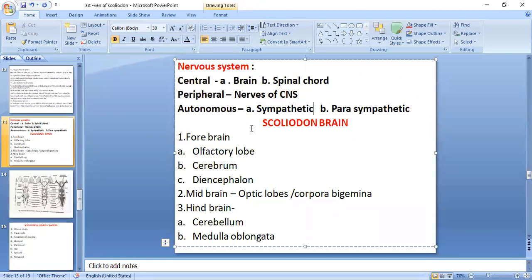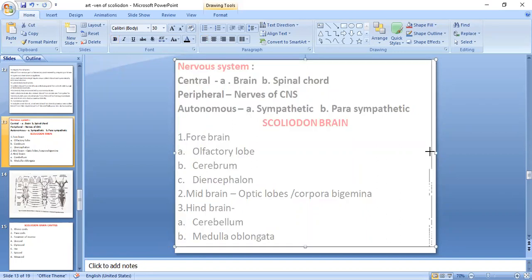So the brain of any vertebrate, and you remember we are studying the first one, the fish, and already we have covered mammalian anatomy.